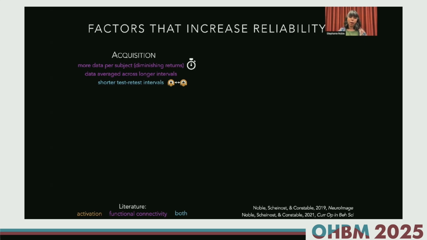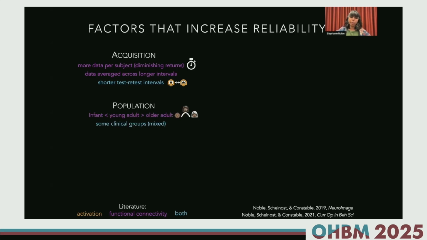So in general, having data averaged across longer intervals tends to yield a more reliable long-term measure. In contrast, it seems a bit counterintuitive, but if you just have a few short scans that are next to each other, those will be really reliable one to the next. They might not necessarily generalize to longer time periods, but they will be really, really similar to each other, more similar than if you collected at 1 month and then the next month.